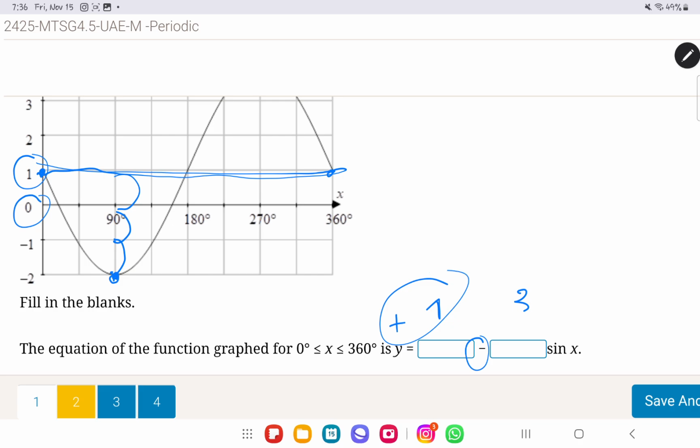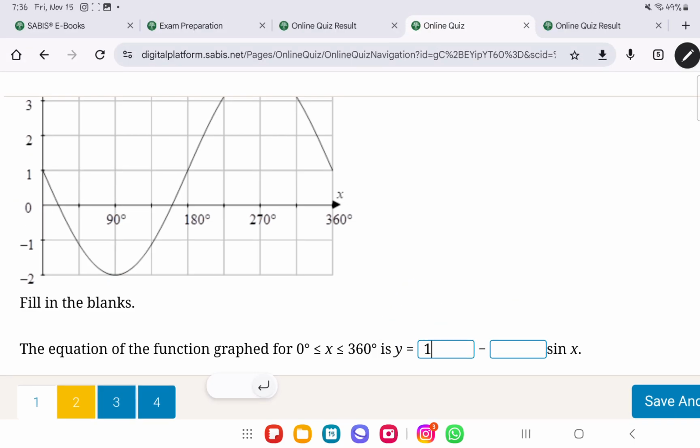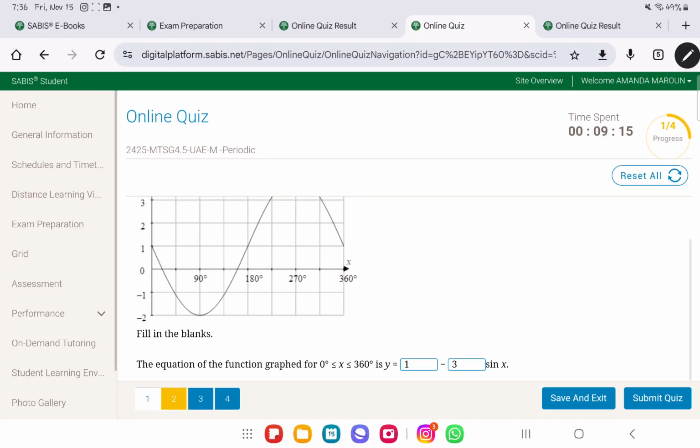We will see is our baseline above 0 or under 0. Next step, minus, that means we know that it is flipped about the x-axis, a reflection. And then finally, to find the number multiplied by sine x, we count how many boxes are moved. So over here it is 1, and over here it is 3.